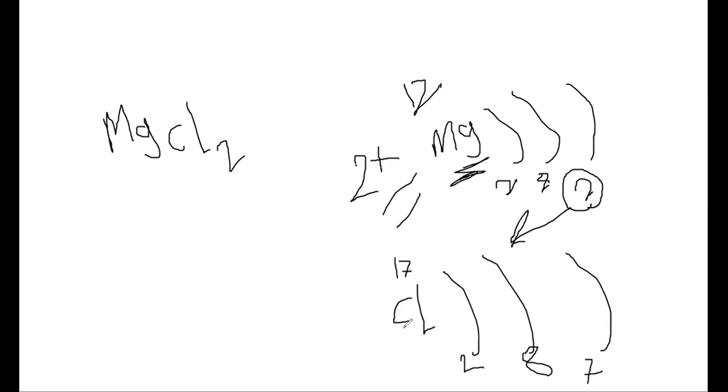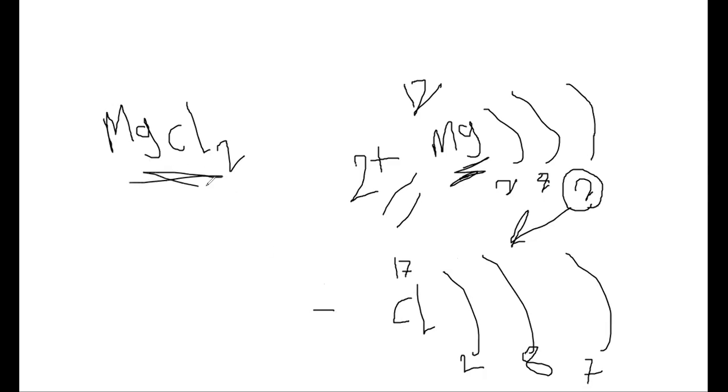So does the chlorine atom gain or lose electrons? Yes, excellent. It gains an electron. How many electrons does it gain? 1. So does it become positive or negative? Yes, negative 1. Okay, negative 1.